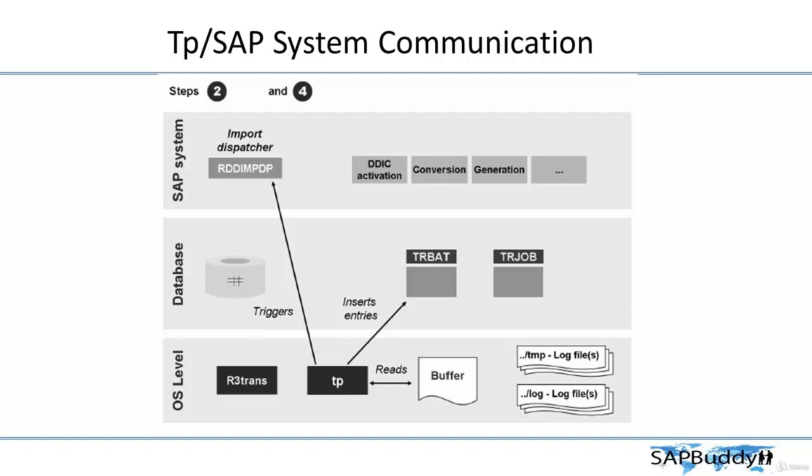That means it will directly trigger this program to start the next step. So TP makes the main interaction of all these programs. It will start triggering the programs. R3 trans is only going to do the import and export of the data.